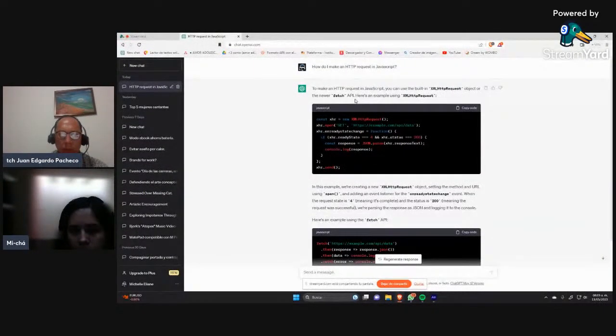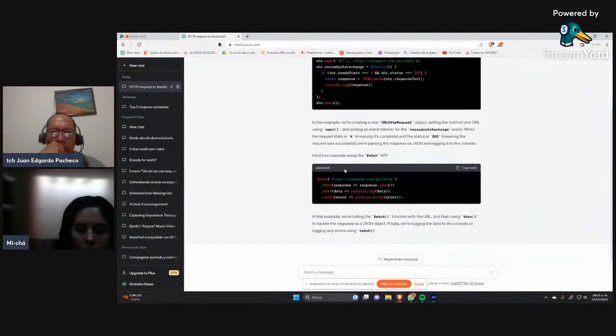It says, to make an HTTP request in JavaScript, you can use the built-in object or the newer API. Here's an example of using it. I don't know what this code is about, but let me try.